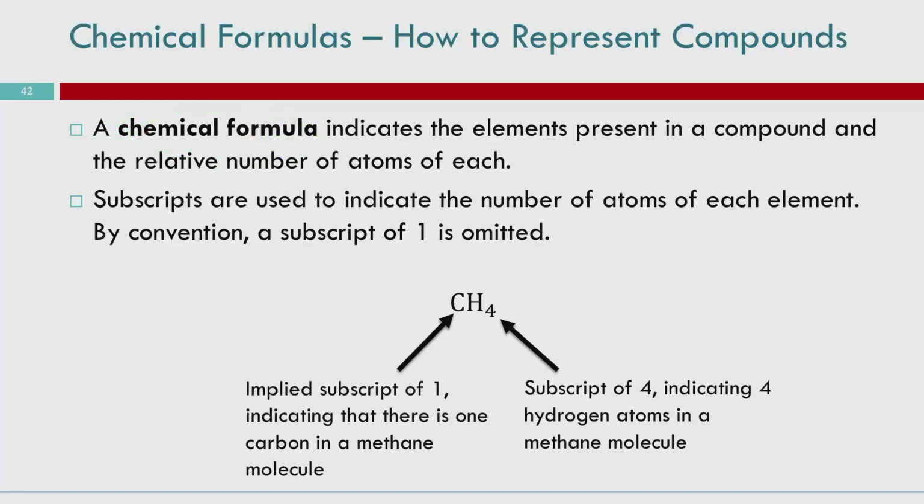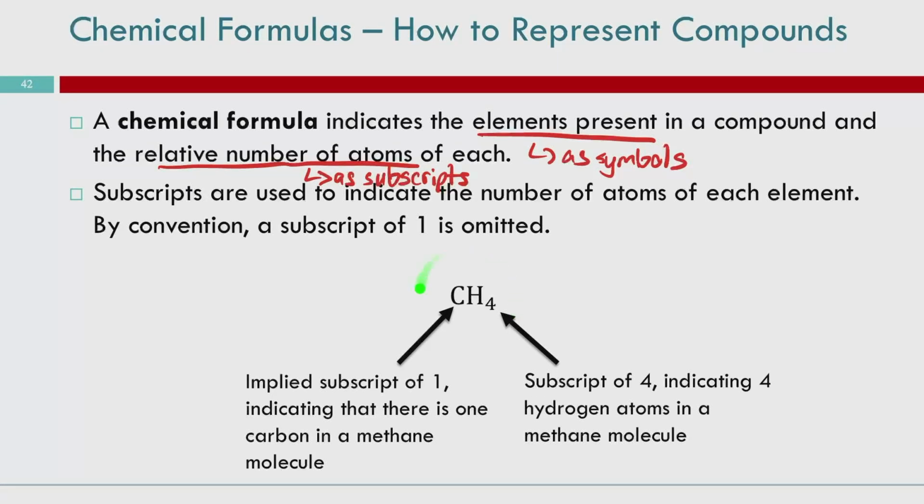So our chemical formula is going to indicate the elements present as their symbols and the relative number of atoms of each as subscripts. By convention, a subscript of 1 is omitted. This kind of just helps keep things looking nice. It also saves us writing a lot of 1s occasionally.